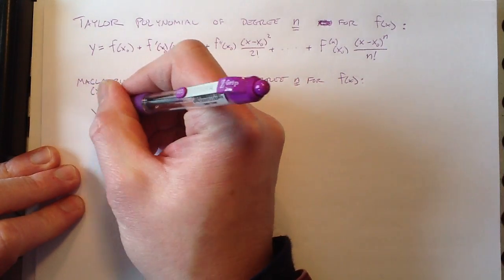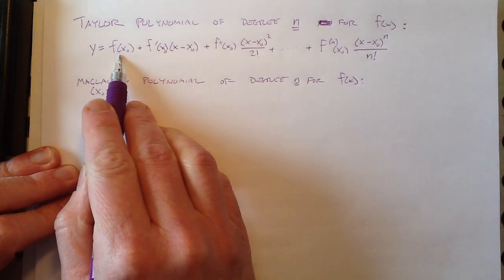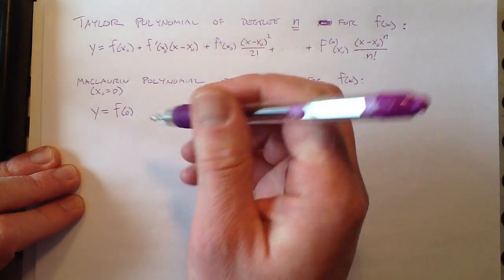That would be y is equal to f of 0, I'm just plugging 0 into all of these for x sub 0, right?